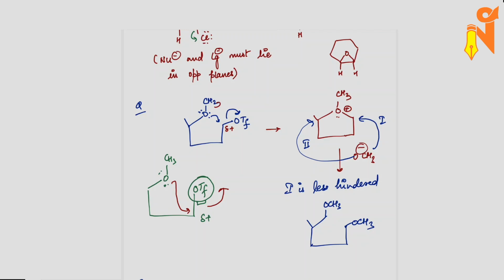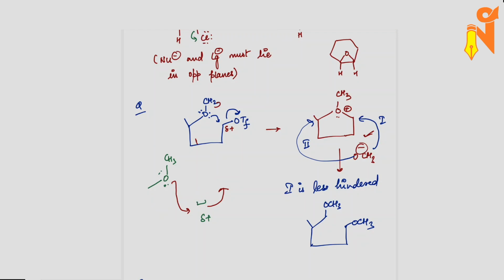I have given you this list of good leaving groups. So triflate ion is one of the good leaving groups. So it will leave nicely, happily, and your chain will look something like this. Let me just rub it off over here also so that you are able to relate. I think I have written something wrong.